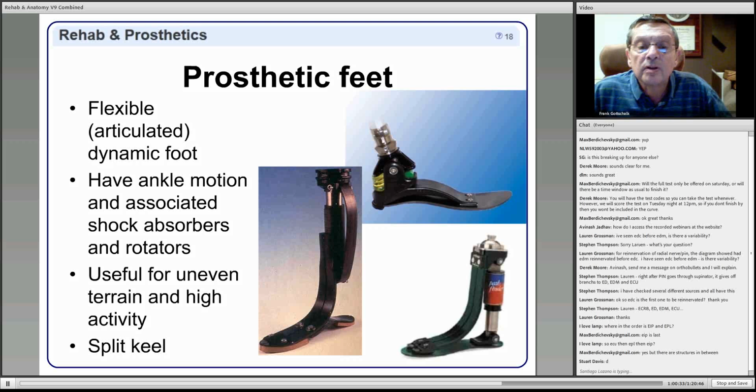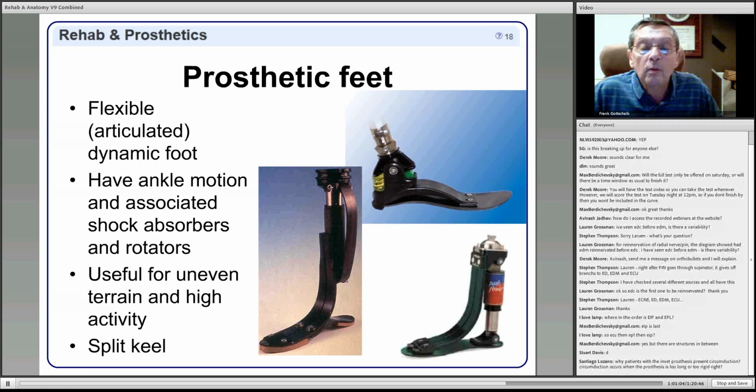And most of them end up having some form of associated ankle motion, and the top one and the bottom right both show the articulated ankle plus a shock absorber that one sees at the back of the bottom illustration. Now, common to most of these is the split toe. One sees that in the left-hand illustration, as well as the bottom right hand.